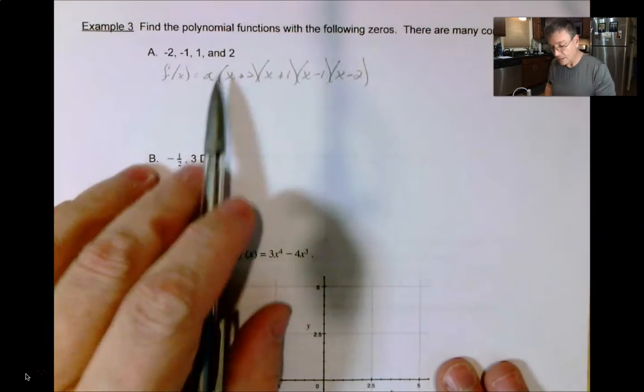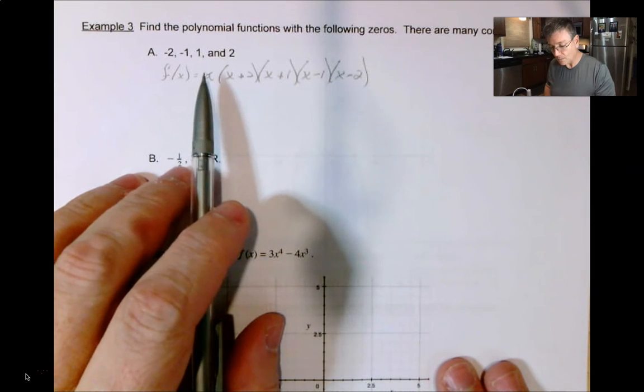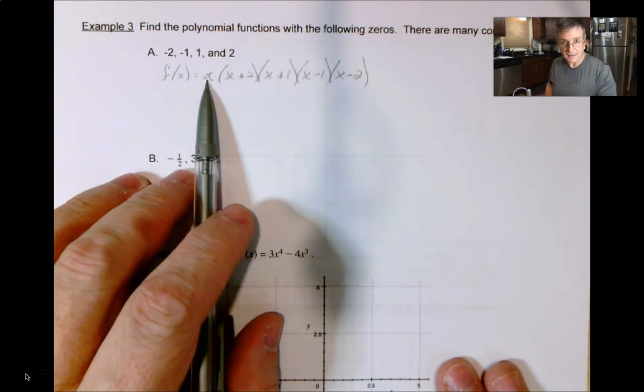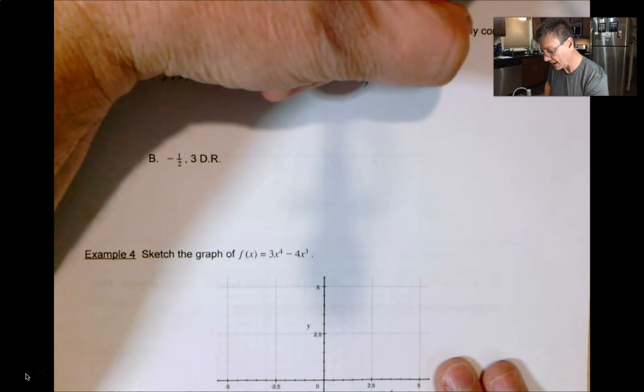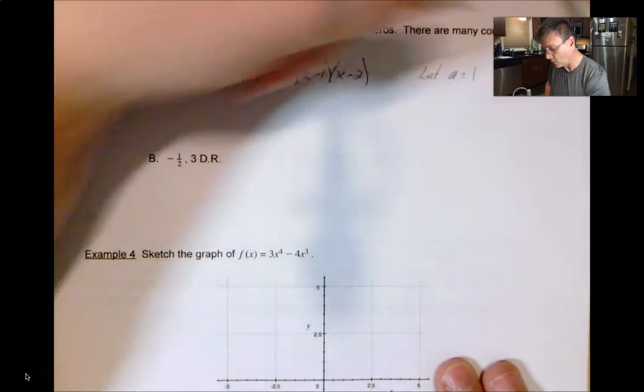So here's our function. I'm not going to try and find the a right now. In fact, I'm just going to, just for this purpose, let a equal 1.